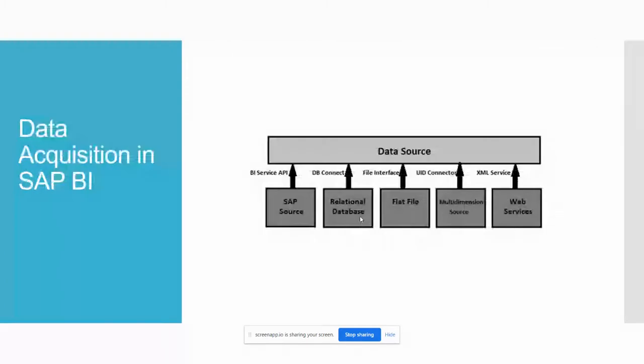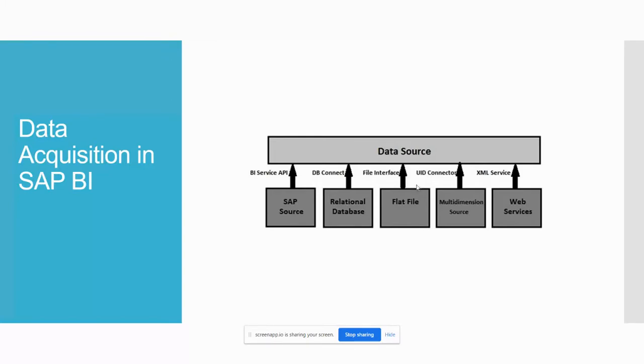So, data acquisition in SAP BI. SAP BI allows us to acquire the data from multiple data sources. These multiple data sources can be distributed to different BI systems, and here the business intelligence system can work as a target system for data transfer, or a source system for distribution of data to different BI targets.